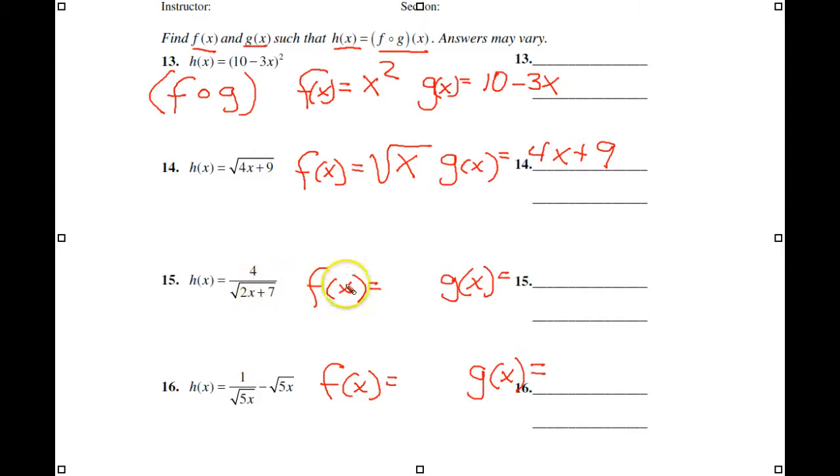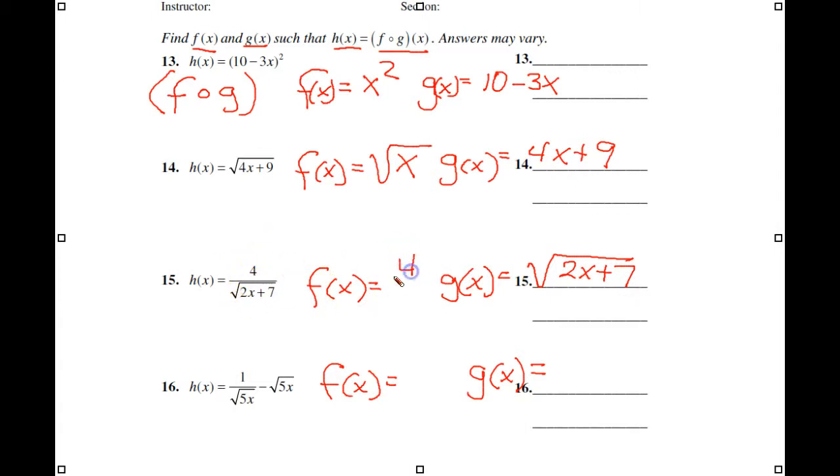And what do we have here? Well, again, if we put this as the square root of 2x plus 7, and what do we put here?